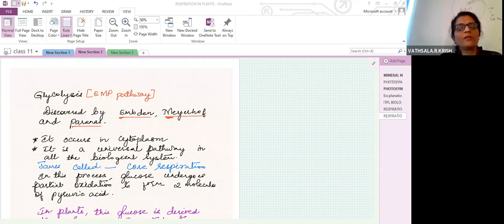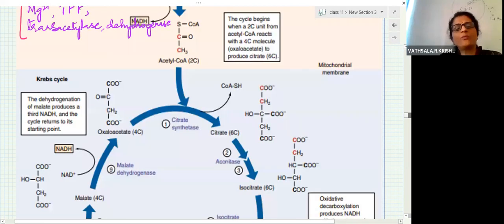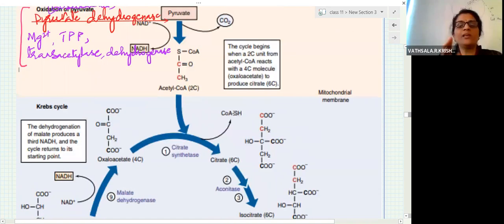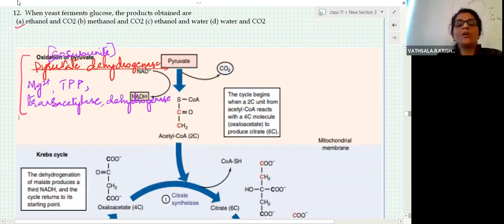Yeah. So now one of you explain this. Yes, Purvi, go ahead. So acetyl coenzyme A. So this is the linking reaction. So what happens in the linking reaction? The cycle begins with a 2 carbon unit.